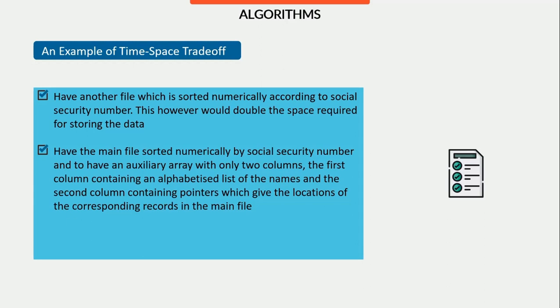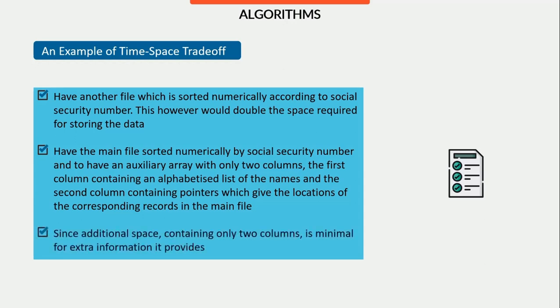This is the way of solving the problem that is used frequently, since additional space containing only two columns is minimal for the amount of extra information it provides. Thus, we can conclude that time and cost must be minimal.